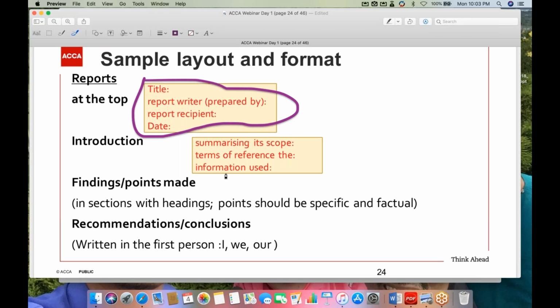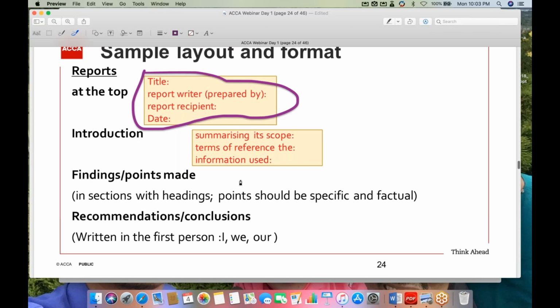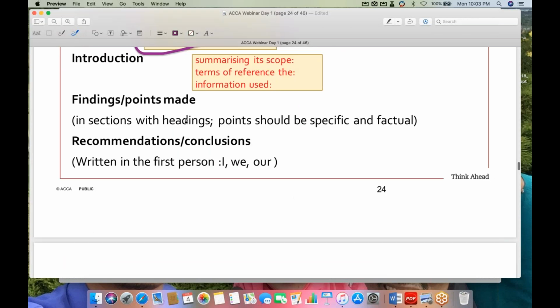You may have a brief introduction summarizing its scope, terms of reference, and the information that you'll be using, and then you'll have your findings, the points where you have your headings. If you still remember the task that you have just now, that particular task asks you to discuss something or to analyze something.